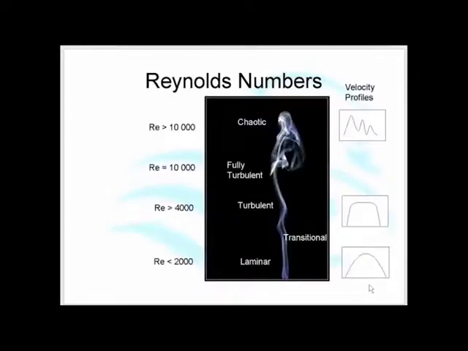So, moving along then, Reynolds number. If Reynolds equation comes up with a number that is less than 2000, what this means is that all the fluid in the pipe is flowing in layers.